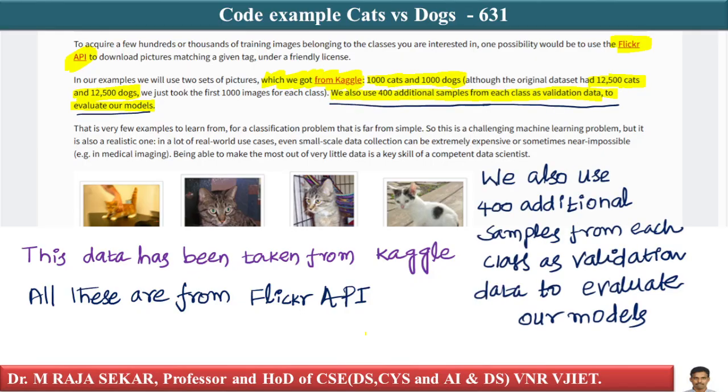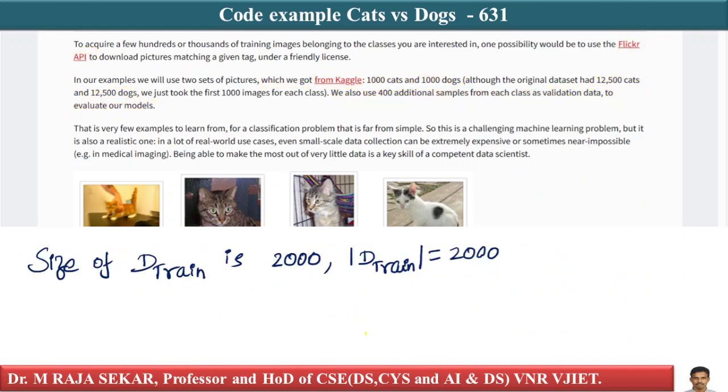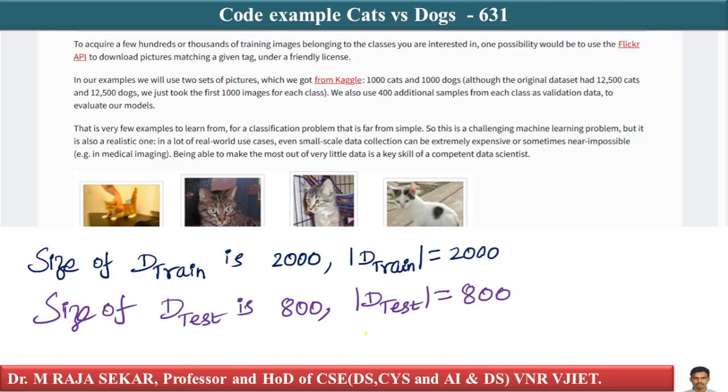So the size of the train set is 2000, isn't it? And the size of the test set is 800 images, with 400 images of each class type.